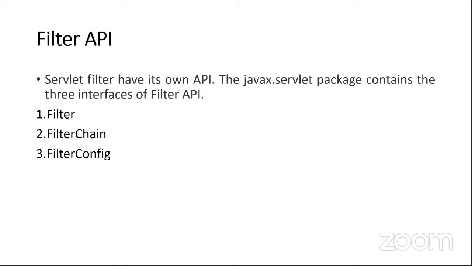When we talk about the filter API, just like the Servlet API, the filter API is defined in javax.servlet. Whatever interfaces or important files we are talking about are defined inside this servlet package as well. Filters have their own APIs, and the javax.servlet package contains the related interfaces.